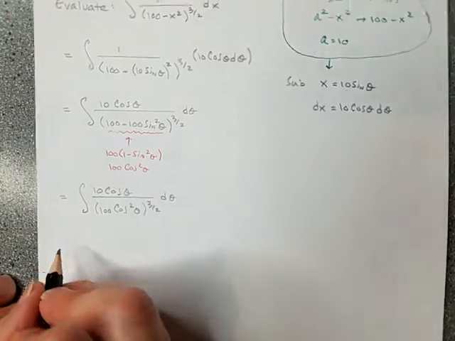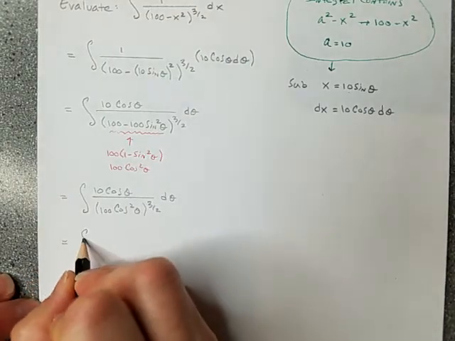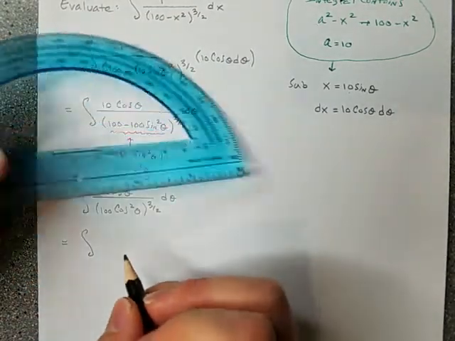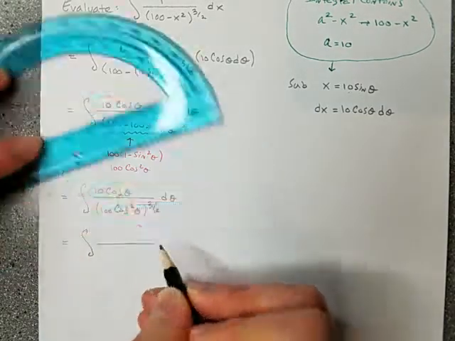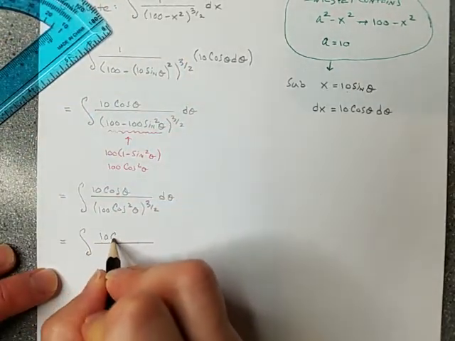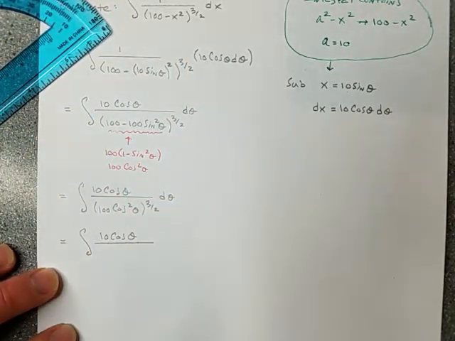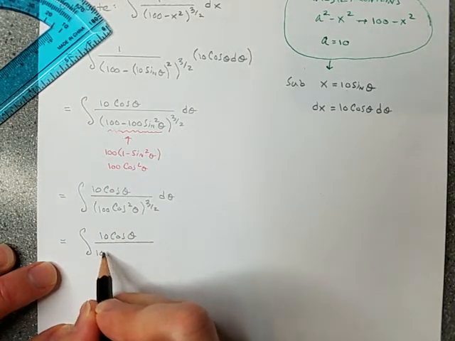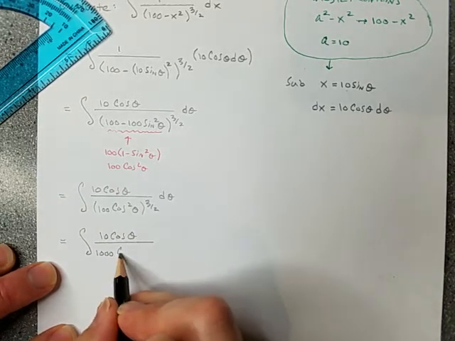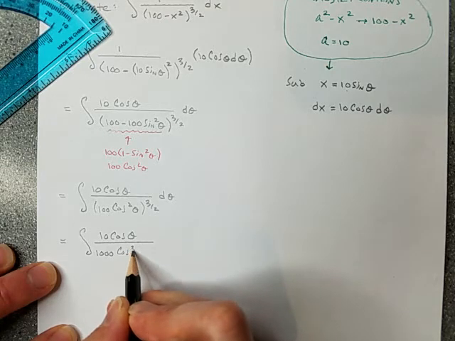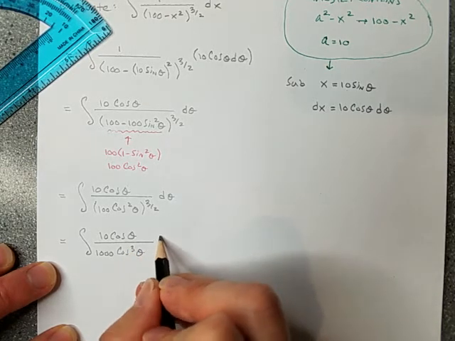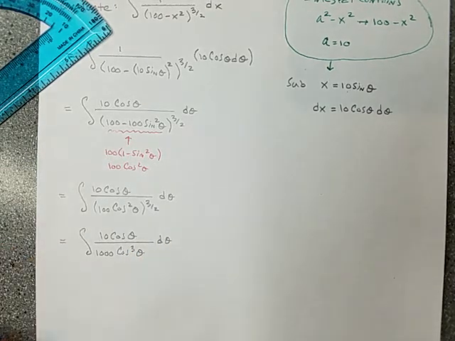All right. So now we're looking at 10 on top, cosine theta. And then I said I had 1,000 cosine to the third power theta, d theta. So that's how it worked out, right?